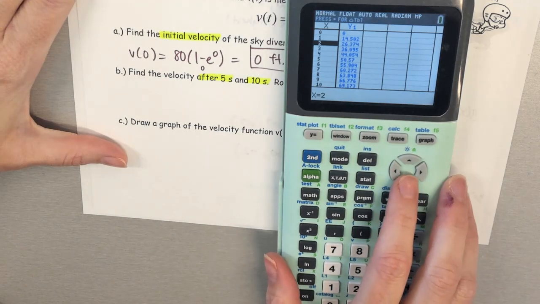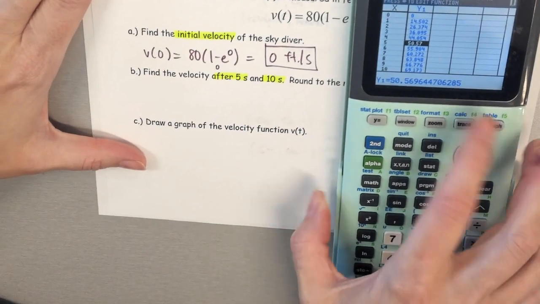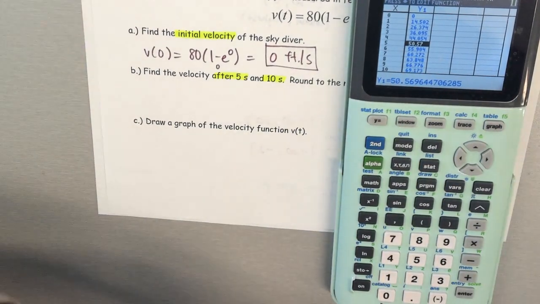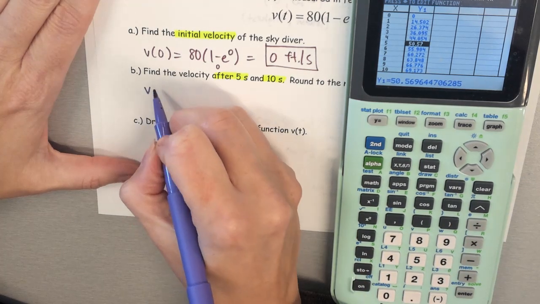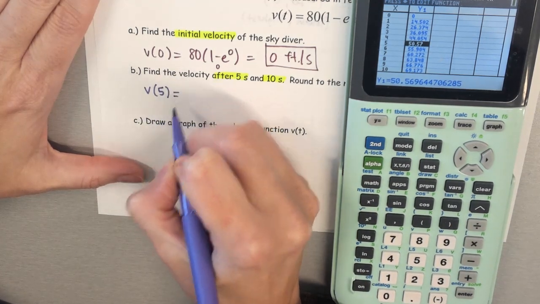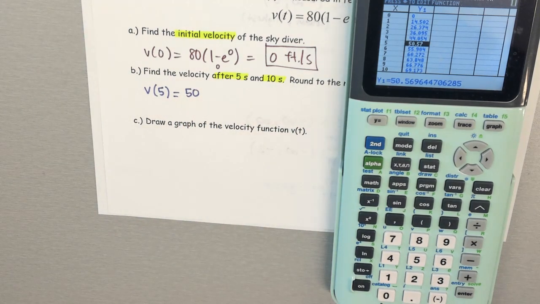For V of 5, when you are rounding this, highlight the X coordinate because it rounds this for you. Okay, and then what is our direction? What do we round to? What are your directions in your packet? Okay, so we go ahead and round that to the nearest tenth, and then do the same thing for the second.